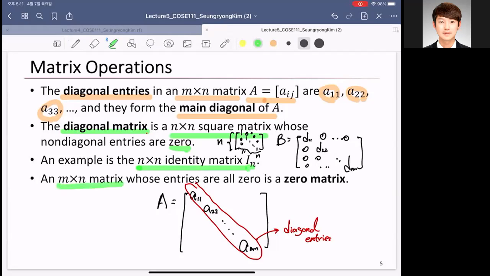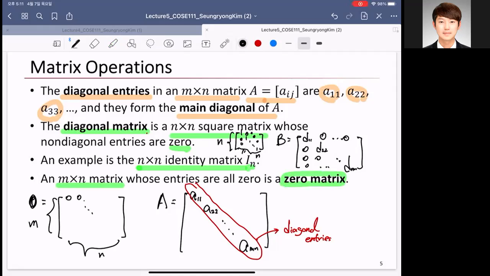And a matrix whose entries are all zero is a zero matrix. It looks like this, with m rows and n columns and all entries zero. Diagonal entry, diagonal matrix, zero matrix. It's very easy, right?